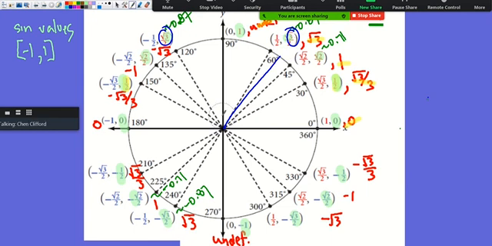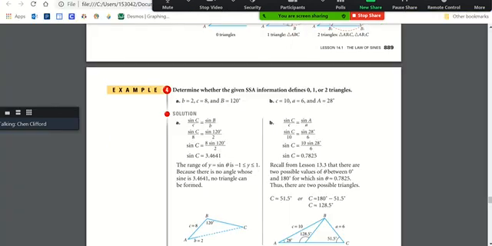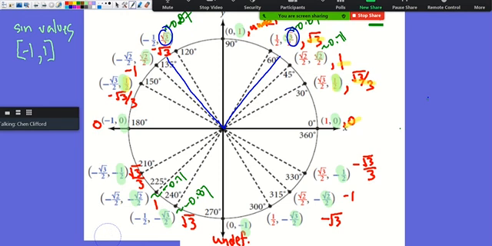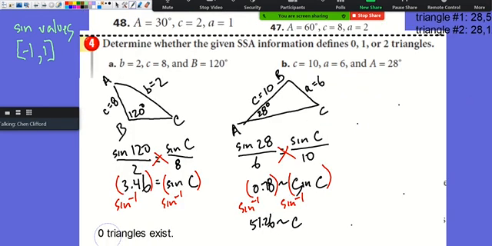But remember, there's also going to be a horizontally reflected angle in the second quadrant that also has a sine value of 0.78.